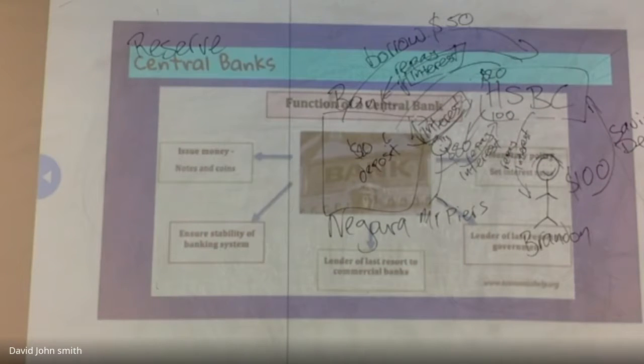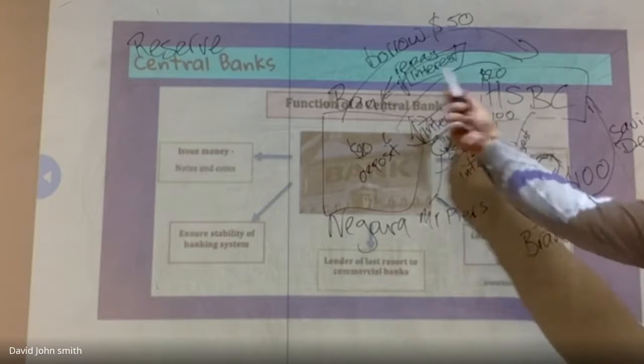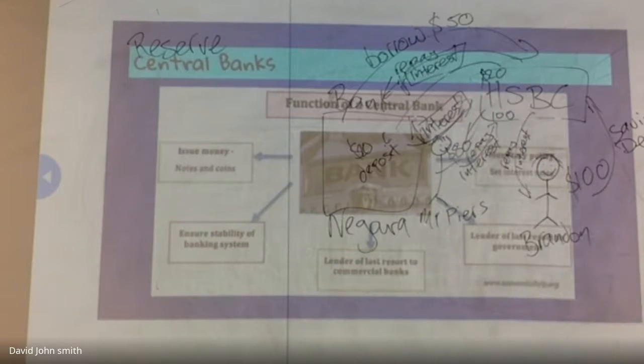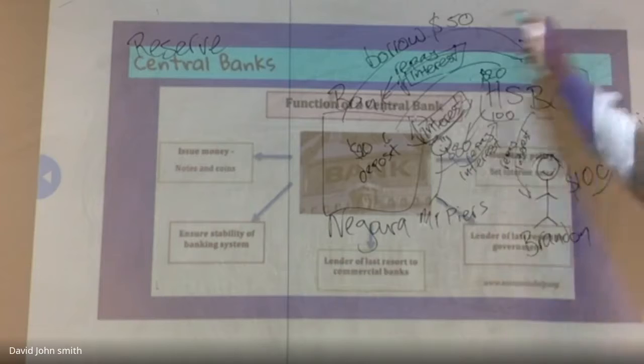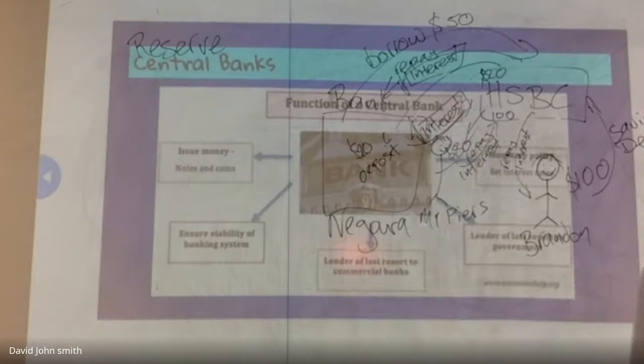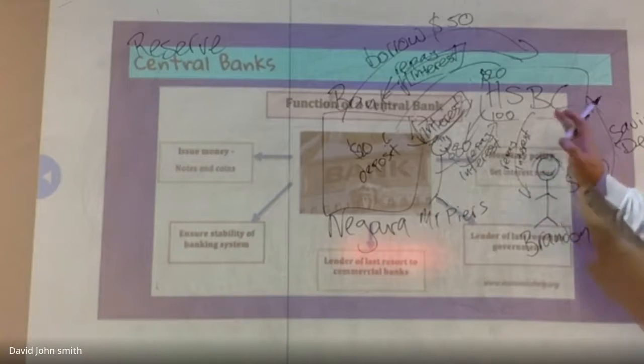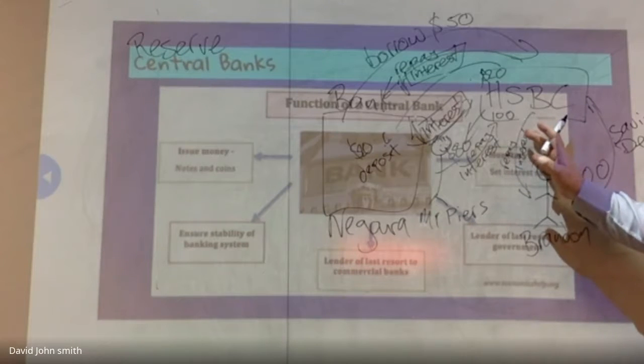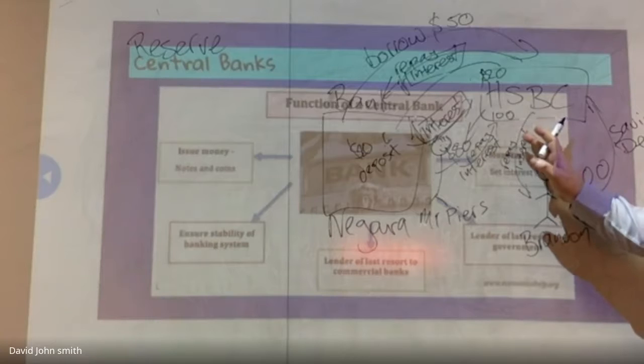And that means that the bank has less incentive to deposit money with the central bank, because they're making less off of it. And they've got more incentive to borrow from the central bank, because it's cheaper to do so. And they will do all of that and go, okay, let's loan more money. Now remember, these banks here are dealing with potentially millions and millions of dollars all day, every day.